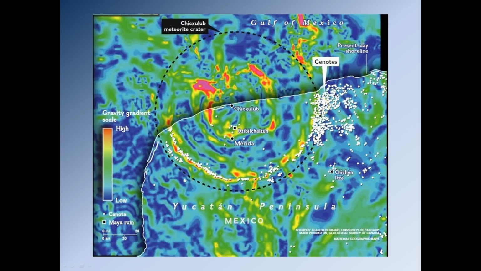What's happened is the destruction, essentially the faulting of the rock caused by the impact, encourages the formation of these underground caves, these caverns, on land. And so if you ever go to this area of Mexico around the Yucatan Peninsula, you can actually go into these caves, and the cave systems are quite spectacular.